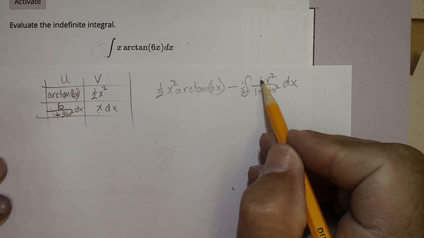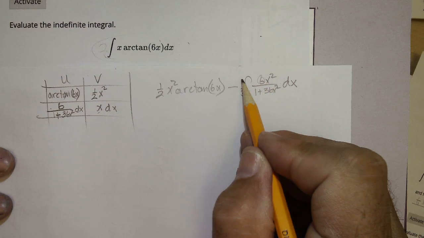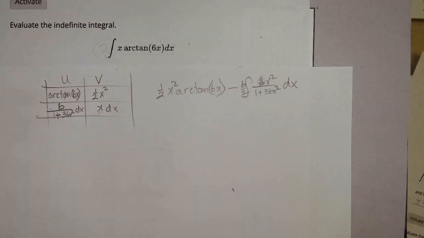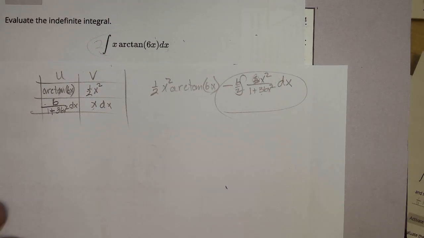And this 6 could come out and be out here. And that doesn't work very well with substitution. Or any other method we have.